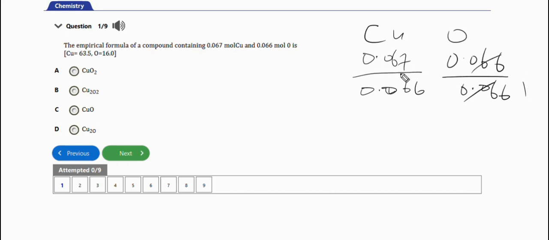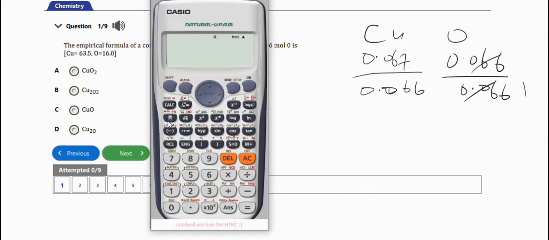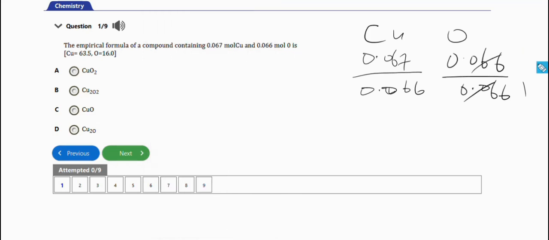But let's verify: 0.067 divided by 0.066, press equal to. We have it to be still 1. So at this juncture, this will still give you 1.